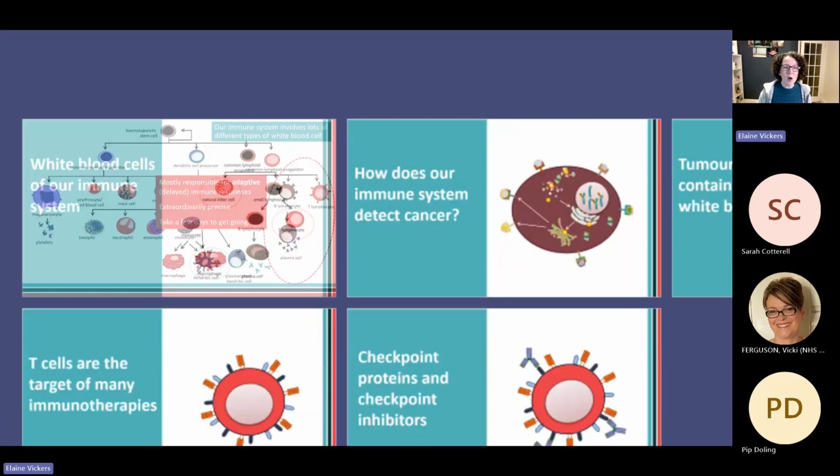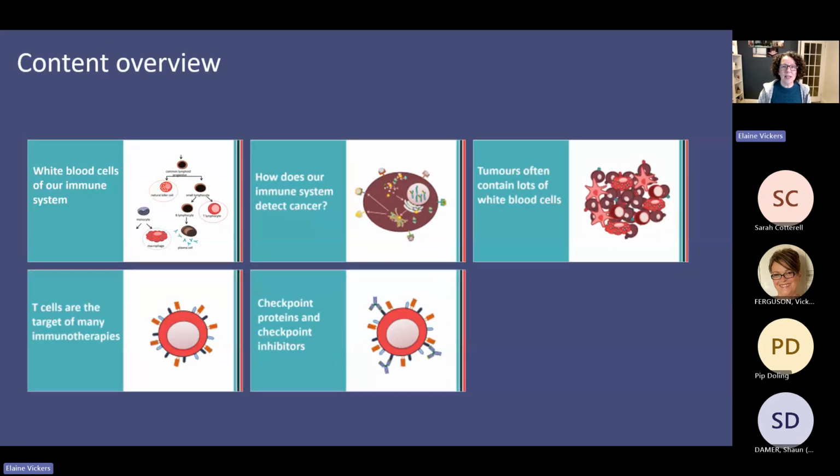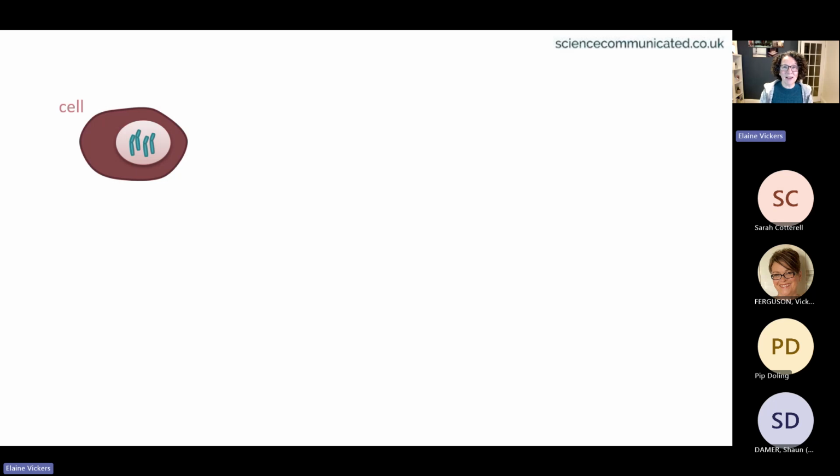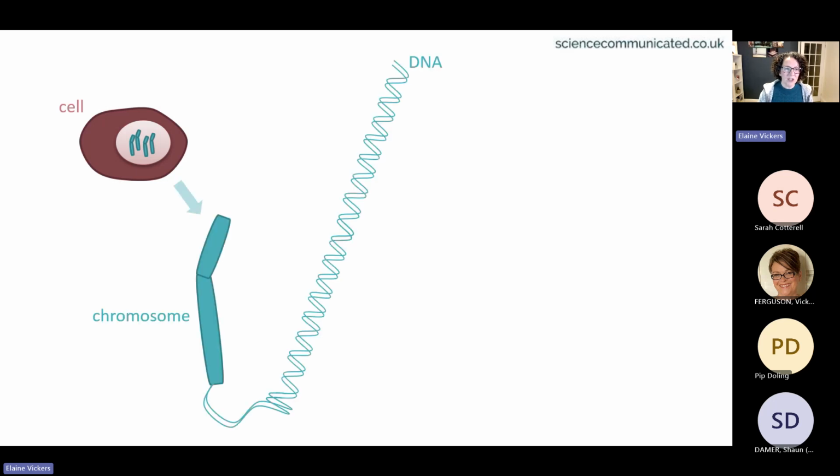Okay, so now I'm going to look at how it is that our immune system has even the potential to recognize and destroy cancer cells. And I'm going to start right back at the beginning of where I began in session 1. And I'll begin here with the fact that our cells contain these structures that we call the chromosomes.